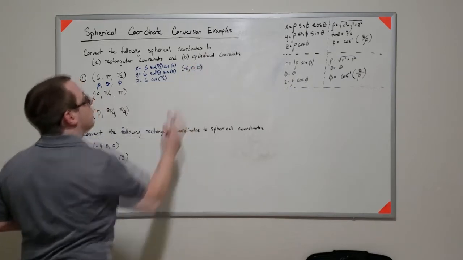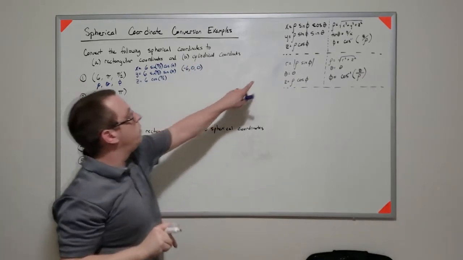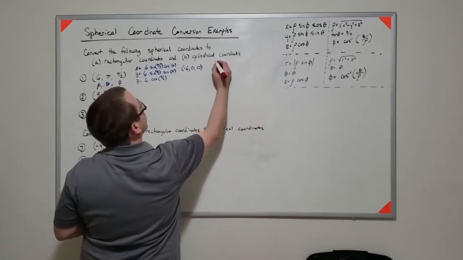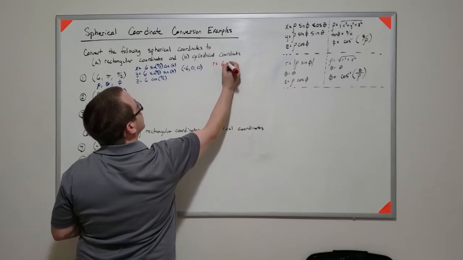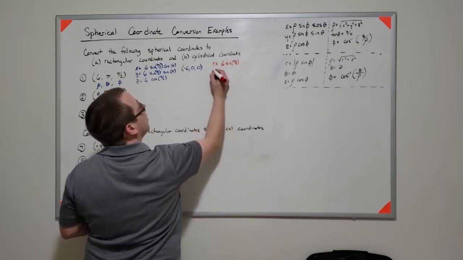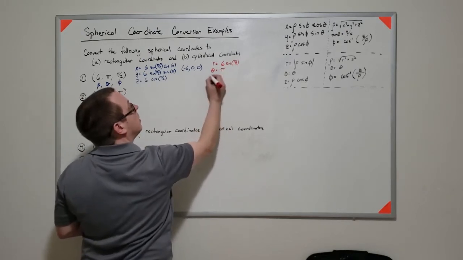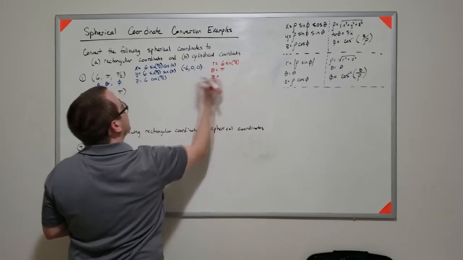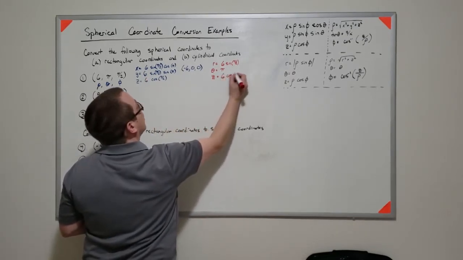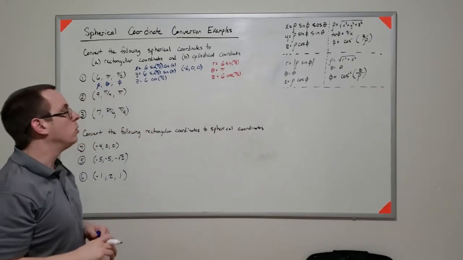Now, to convert it to cylindrical coordinates, we have r is rho sine of phi. So r is 6 sine pi over 2. Again, theta remains theta, and z is the same as in rectangular coordinates.